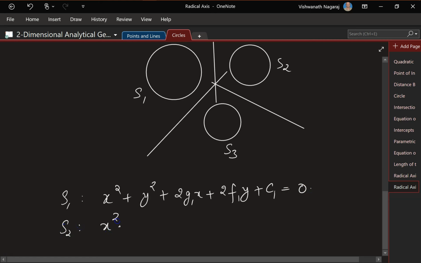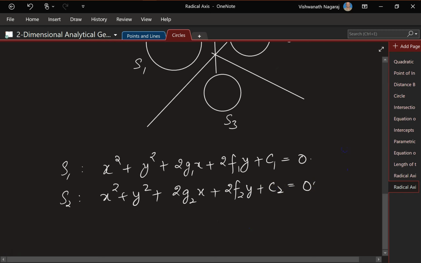S2 is x square plus y square plus 2g2x plus 2f2y plus c2 equal to 0. And S3 is x square plus y square plus 2g3x plus 2f3y plus c3 equal to 0.